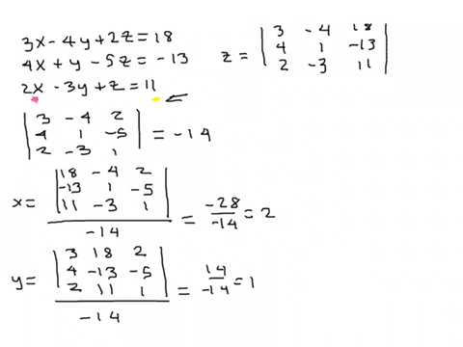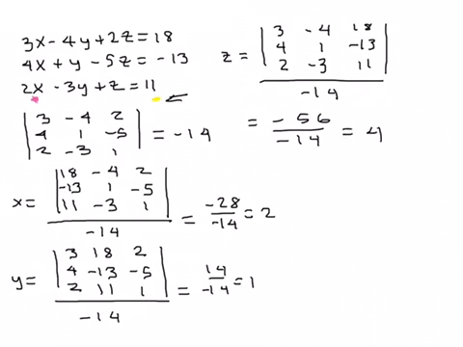And again, that all gets divided by that negative 14. So when we simplify that, we are going to get negative 56 divided by negative 14, which is 4.